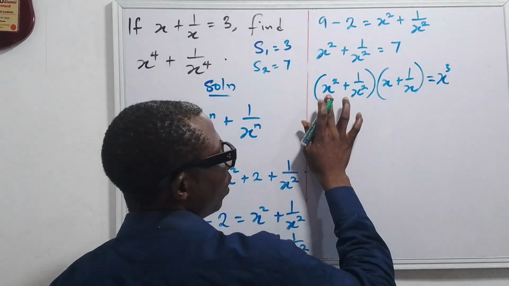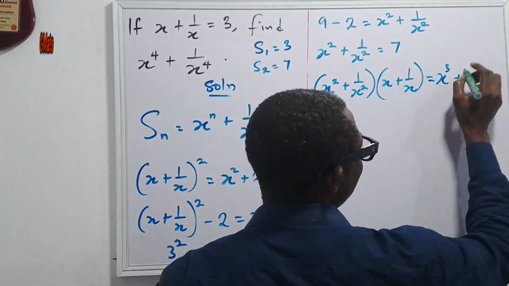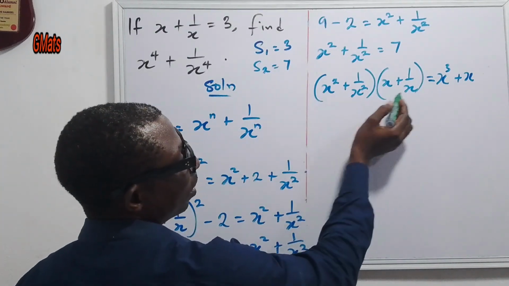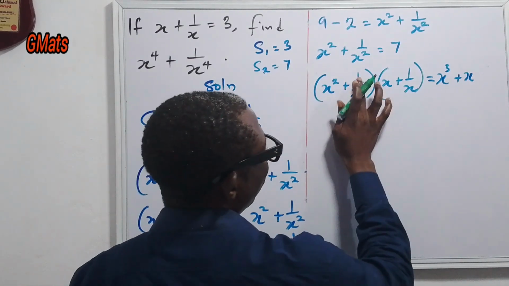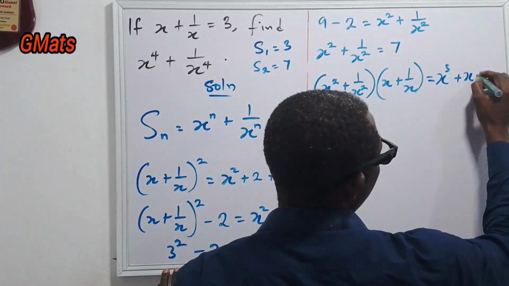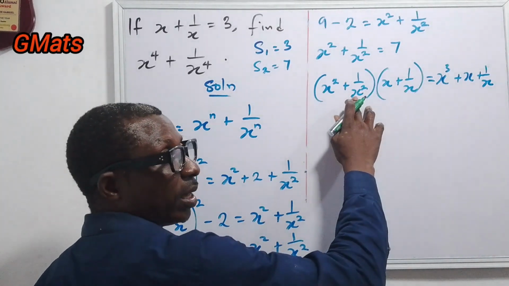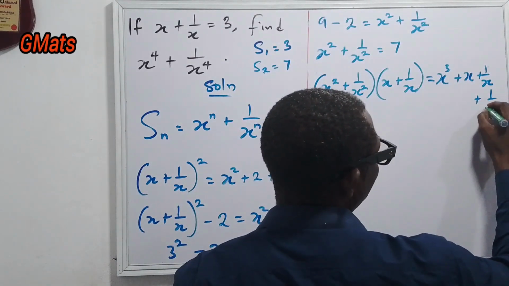Now x squared times 1 over x gives you x, because x squared over x leaves you with x. Now 1 over x squared times x gives you 1 over x. And the last one, 1 over x squared times 1 over x, gives you 1 over x cubed.